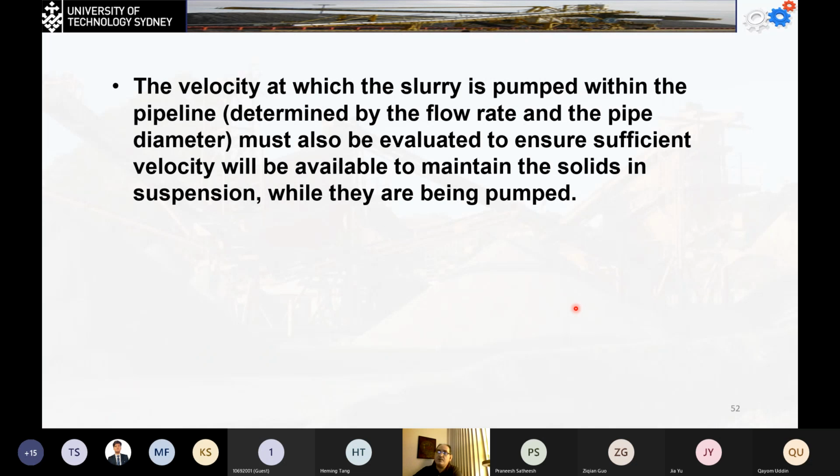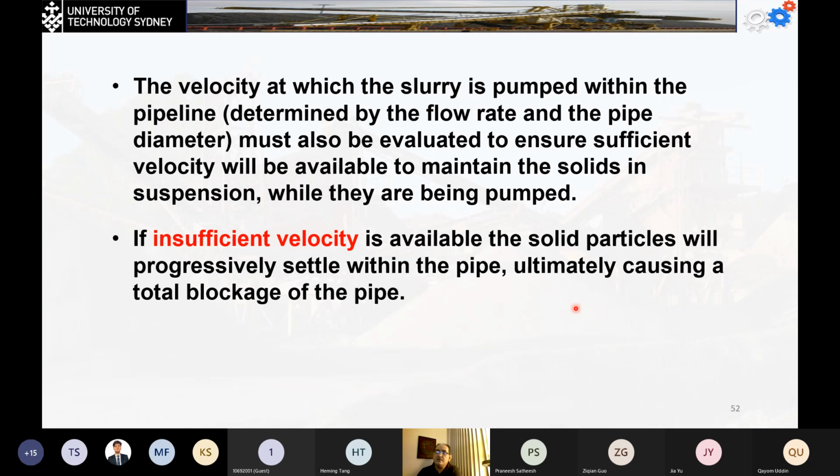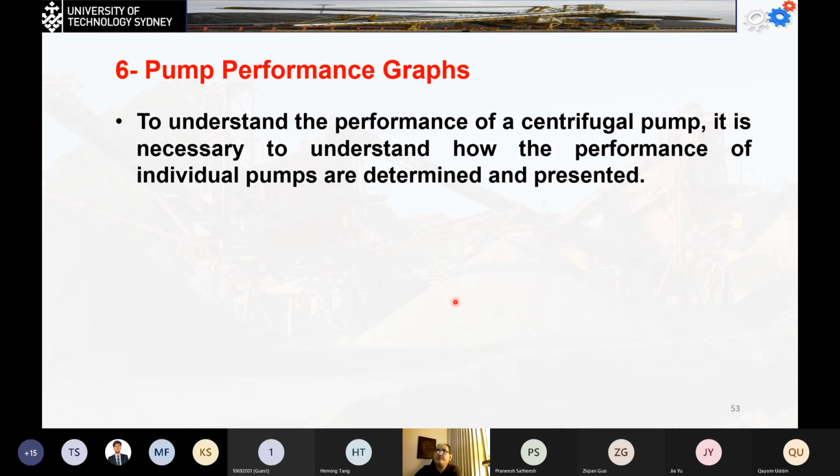At the end of the pipe, I'm only going to get the water, but the material has built up inside the pipe. With insufficient velocity, the solid particles will progressively settle within the pipe, ultimately causing total cloggage of the pipe.